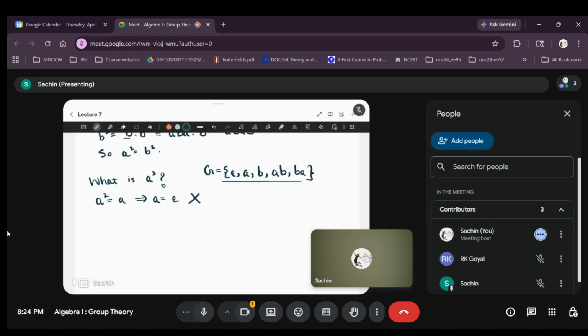Then A square is equal to B. If this is true, then we have A square is equal to B square that I showed here earlier. That would imply that B square is equal to B. This would imply that B is equal to E, which is again not possible.